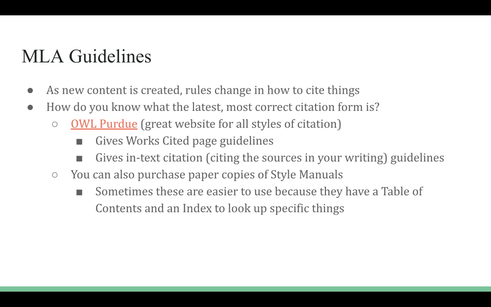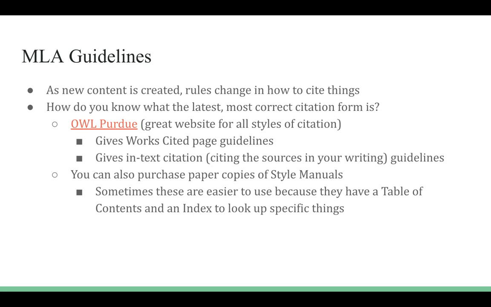If you are following along with this particular Google Slides presentation, I have linked that website for you. It gives you works cited page guidelines, how you put it together, what kind of information you need, what are the formatting rules for it, all of those things. And it also gives you in-text citation guidelines. How do you properly cite a source inside your paragraph? Because you do need to have it cited in both places. You need in-text citations and a works cited list at the end of your paper.